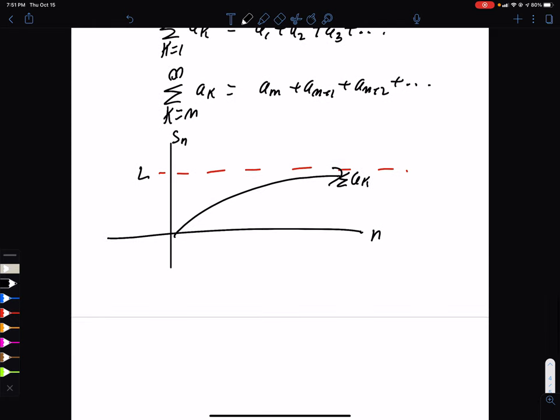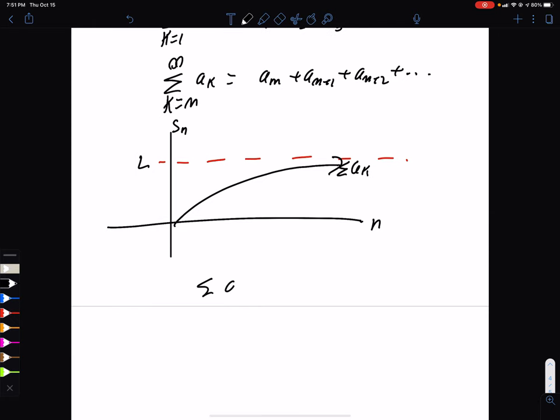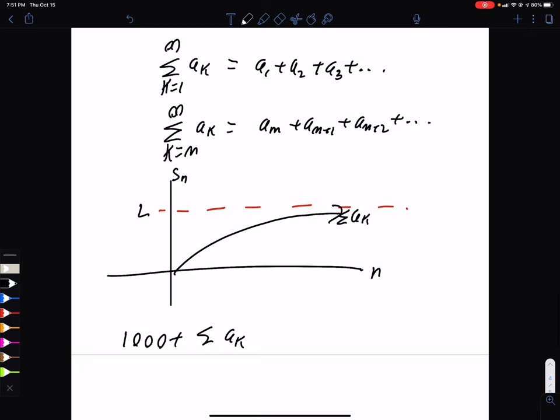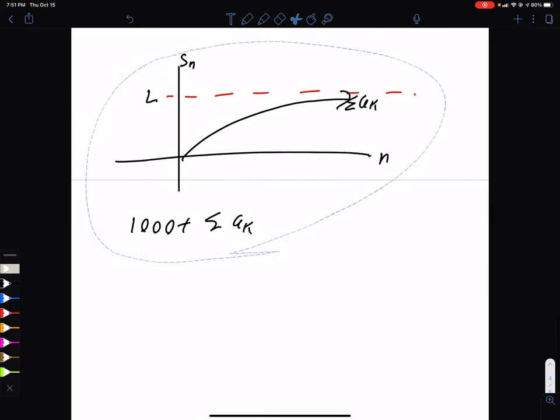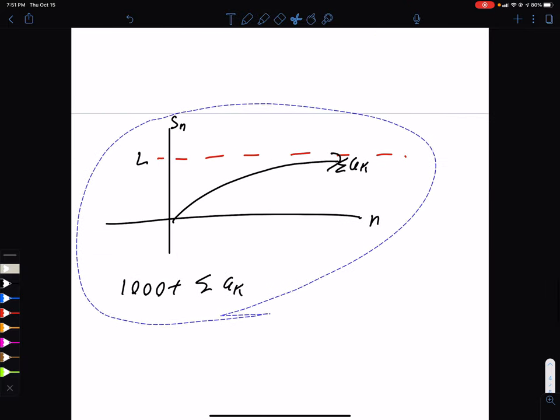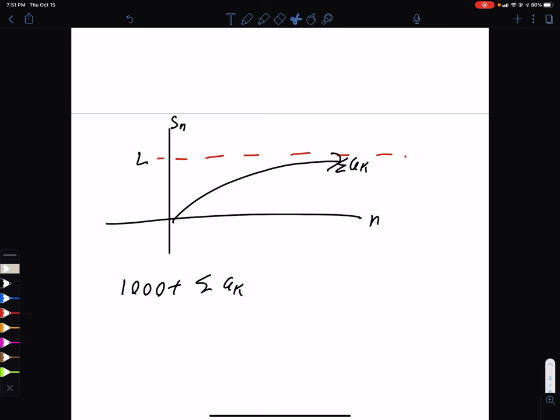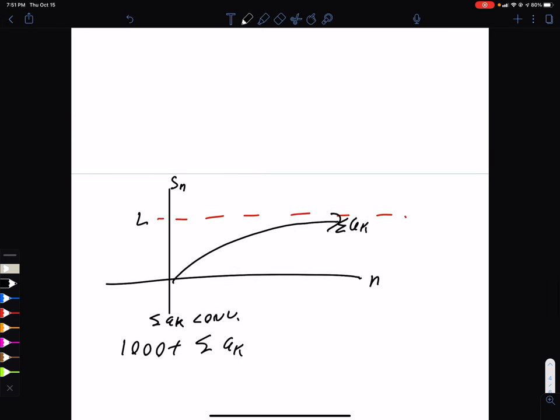That's the series. So take this series, and what if I add 1,000 to that series? Now think about what happens. If I add 1,000, so A sub k converges. Now I add 1,000. What's that going to look like?